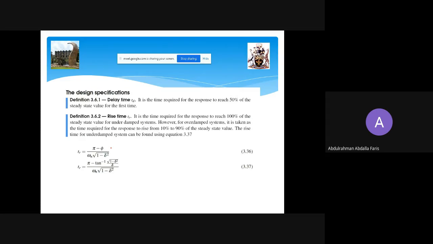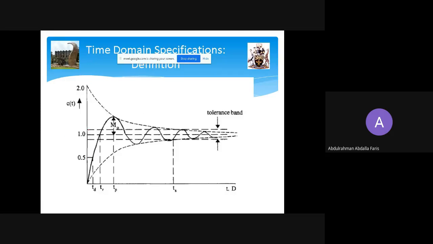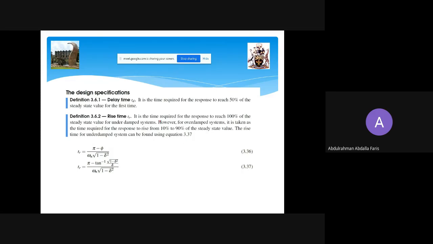And rise time is the time required for the response to reach 100% of the steady state value for an underdamped system. But for an overdamped system, you take the rise time between 10% and 90% of the steady state value.